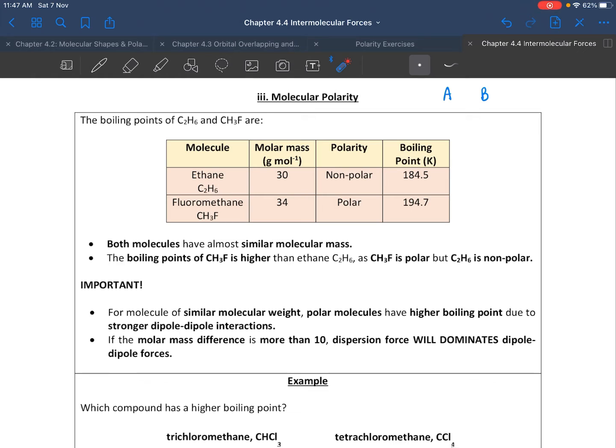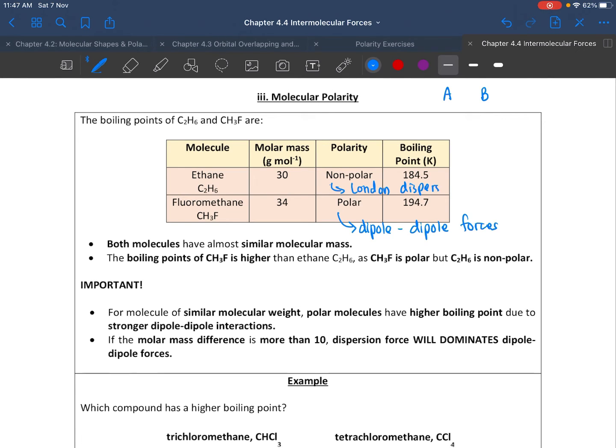Okay, so we have to remember what we learned earlier. If it is polar, the bonding that exists between CH3F and another CH3F is dipole-dipole forces. And if it is non-polar, the bonding that exists between ethane and ethane is London dispersion forces.